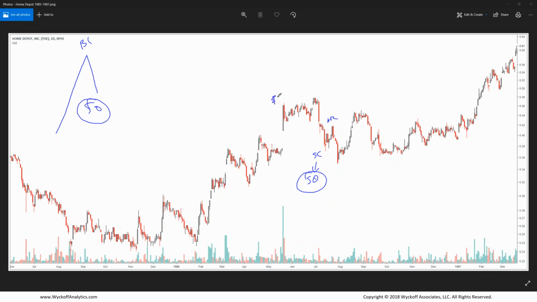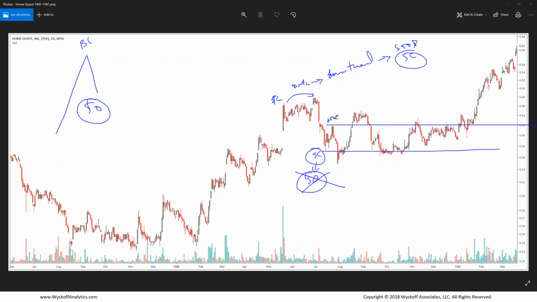We have a buying climax, and then we have an area of distribution. And the distribution usually suggests what? That there's going to be some kind of downtrend that's going to come. And the downtrend is going to be concluded with the stopping action, which is going to be labeled by us as a selling climax. So my preference in this particular case would be just to label this as a selling climax and extend the boundaries from the selling climax and from the automatic reaction, or automatic rally, rather.